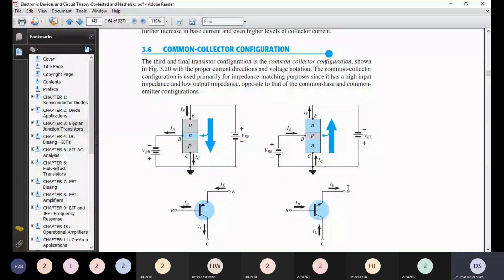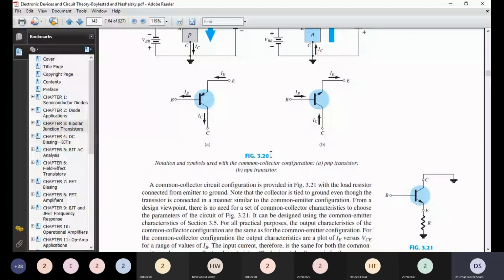Now, what is this term impedance matching? The term impedance matching means that we match or relate the impedance as seen by the base to that seen by the emitter.